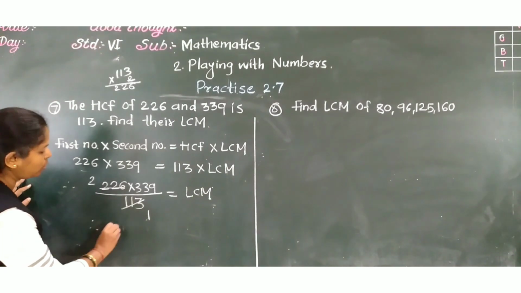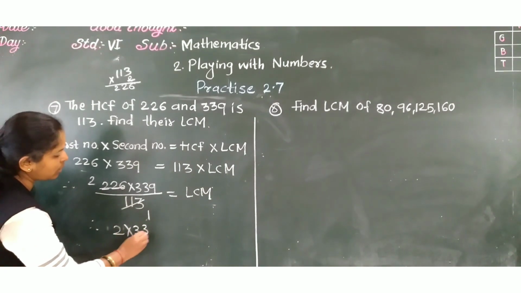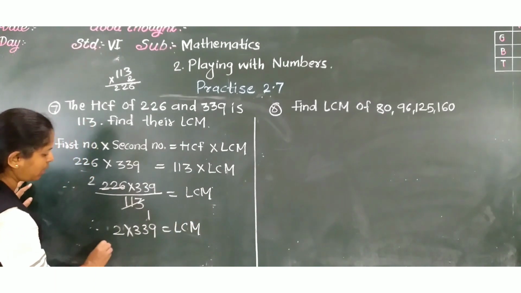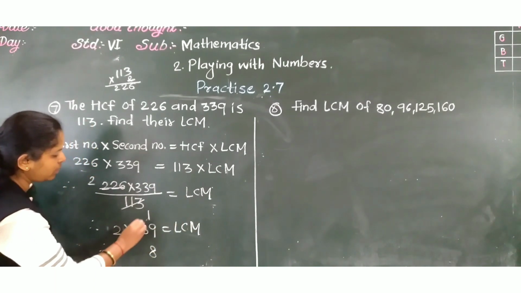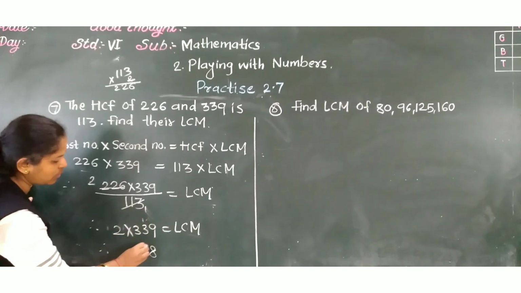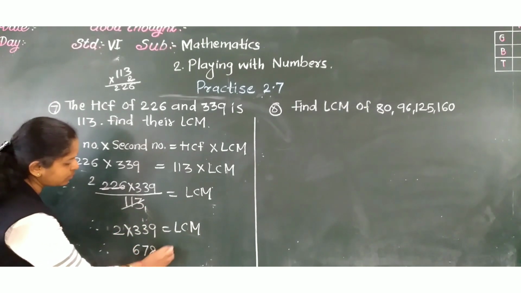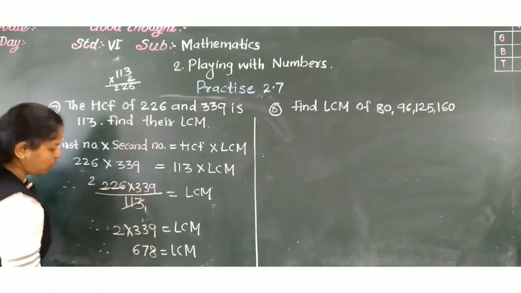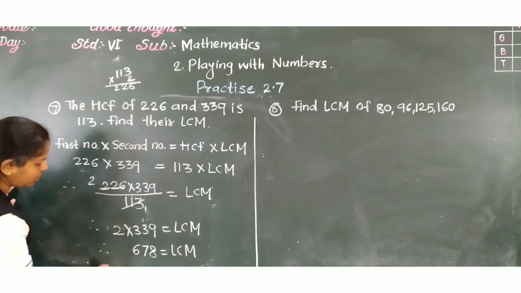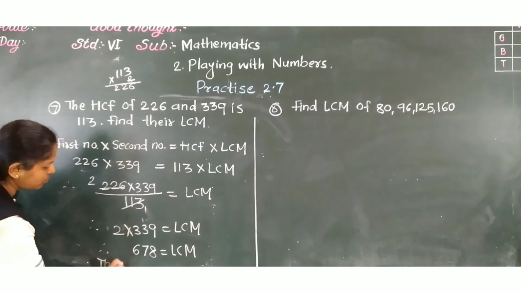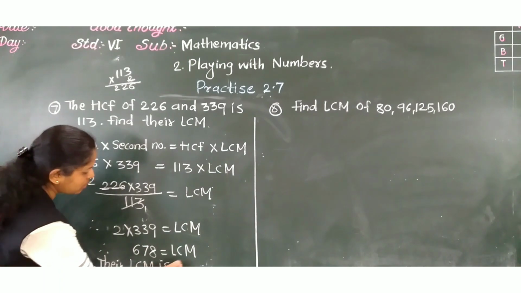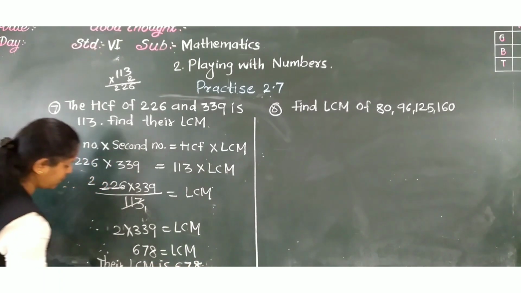So, therefore, 2 into 339 is equal to LCM. Now, 2 9s are 18, carry 1, 2 3s are 6 plus 1 is 7, 2 3s are 6. So therefore LCM is 678. This is the answer.